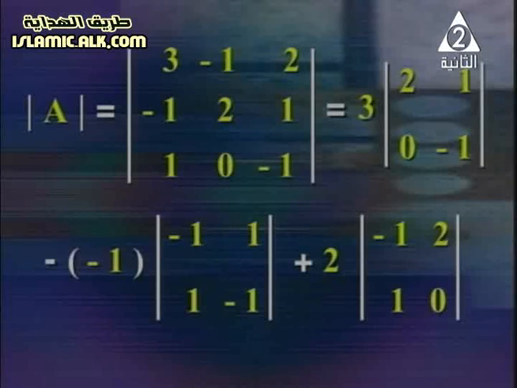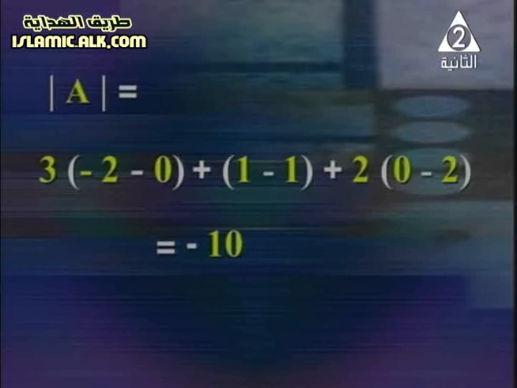By using 3 times the bracket containing -2 minus 0, plus 1 times the bracket containing 1 minus 1, plus 2 times the bracket containing 0 minus 2. Answer is -10. Determinant value is -10.